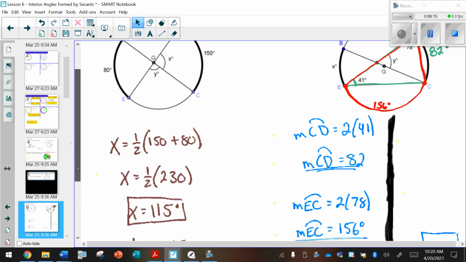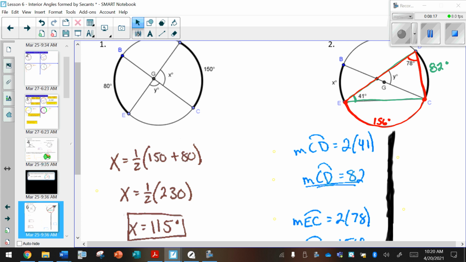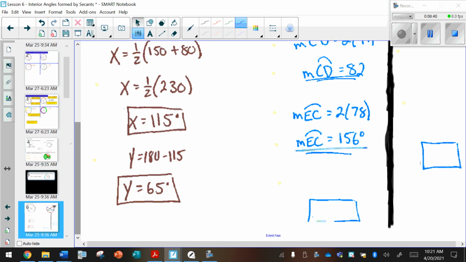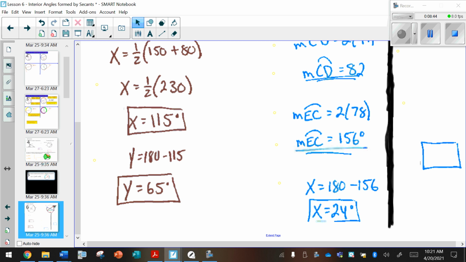Next, because my circle is perfectly round, which is why I called it a circle, I know that BC is a diameter, which means arc BC is a semicircle. So if I know that EC is 156, then I can easily solve for X by subtracting from 180. So I get X is 24.